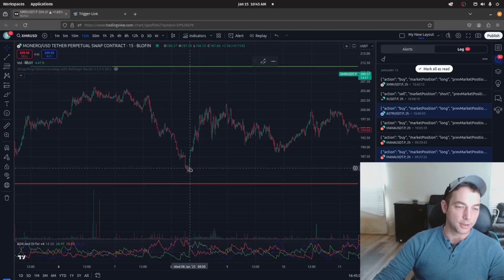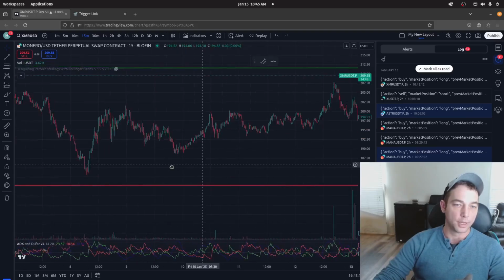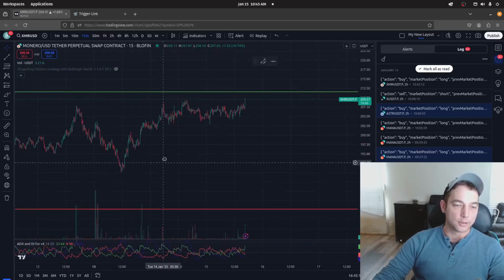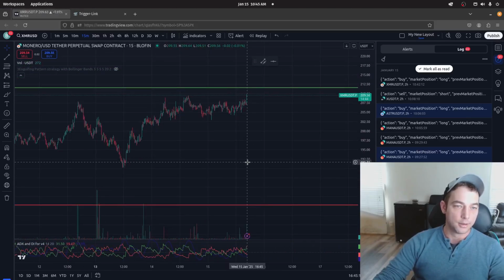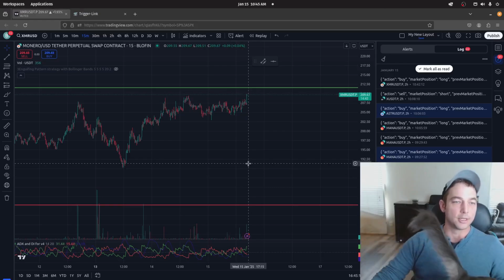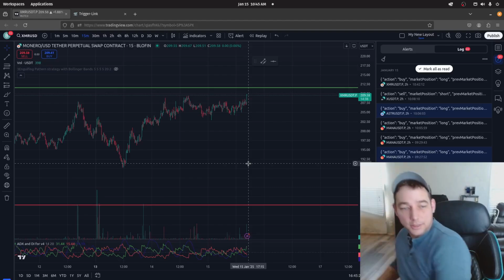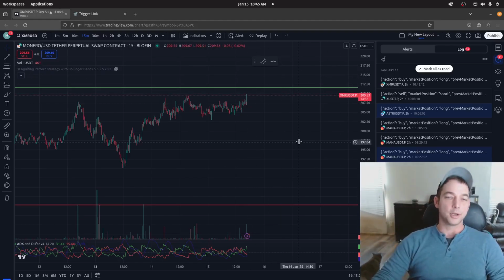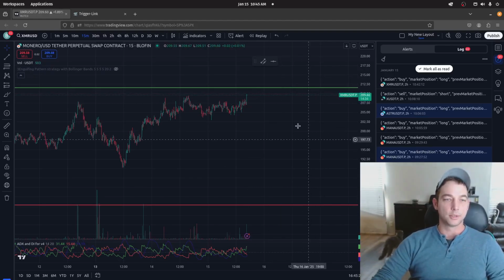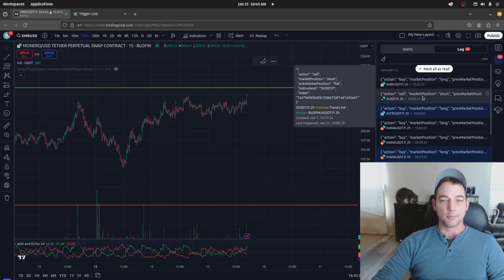In this particular case, this may not have triggered a trade because the recent volume and ATR needs to be higher than the historic volume and ATR. Looking at this, it's a good possibility that it would have, but apparently it did not. I'm not exactly sure which one it was missing, whether it was volume or ATR. Doesn't really matter. So we're going to put our line up here and just wait for it to happen again.